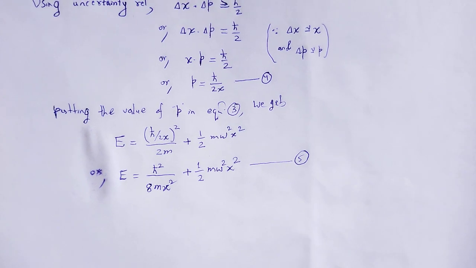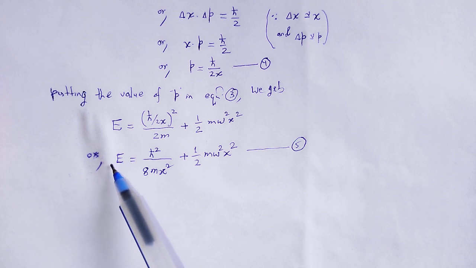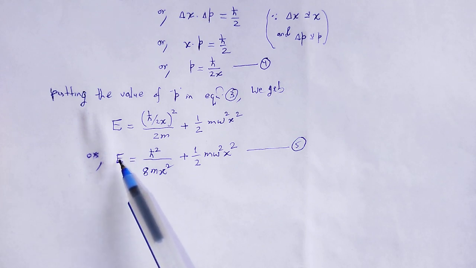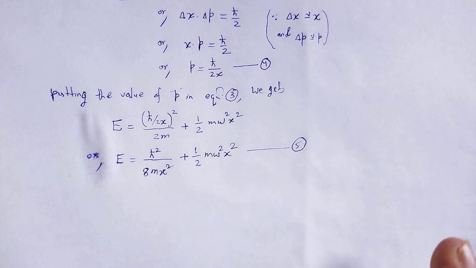Our aim is to calculate the ground state energy, meaning the minimum energy for the harmonic oscillator. The energy should be minimum. The condition is that we have to differentiate that energy expression with respect to x and equate it to 0.